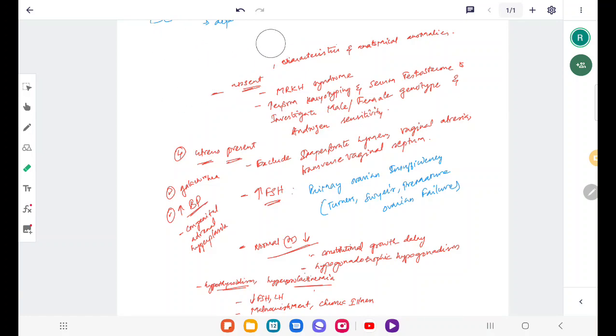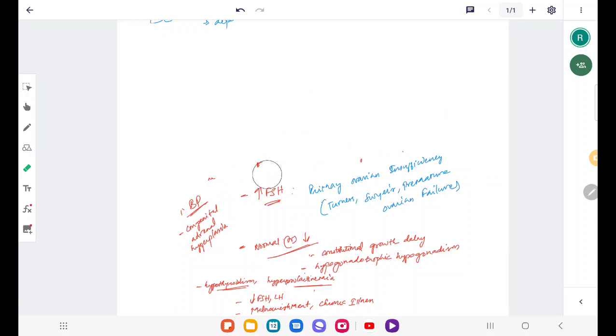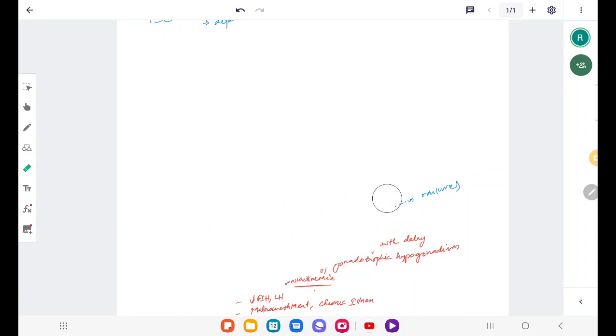Alright, so now we'll discuss the treatment of primary amenorrhea. So usually the treatment depends on the underlying disease.